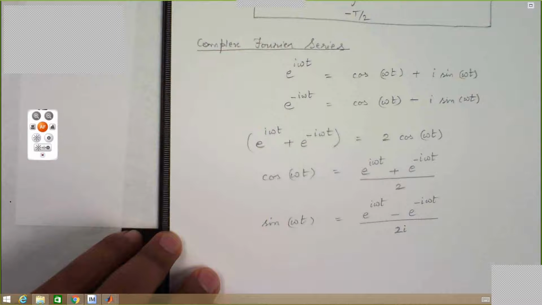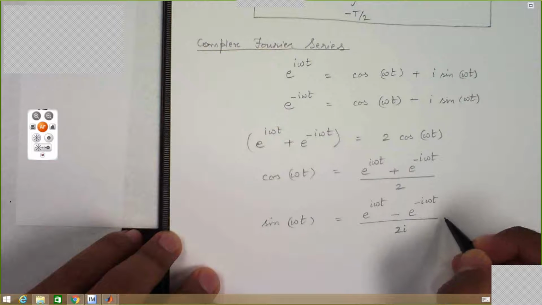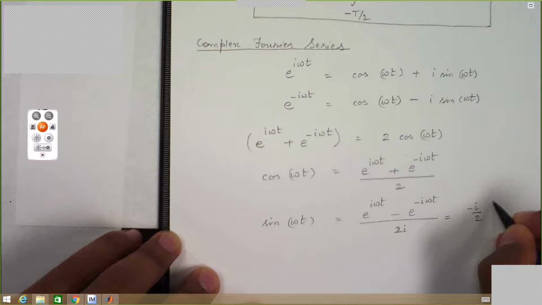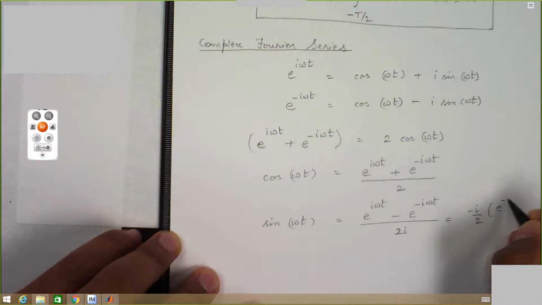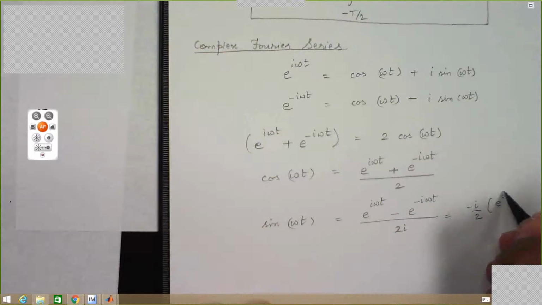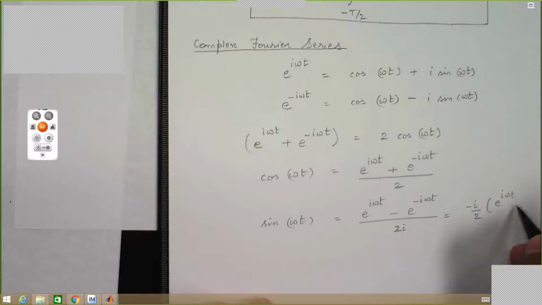This can also be written as minus i by 2 times e to the power i omega t minus e to the power minus i omega t.